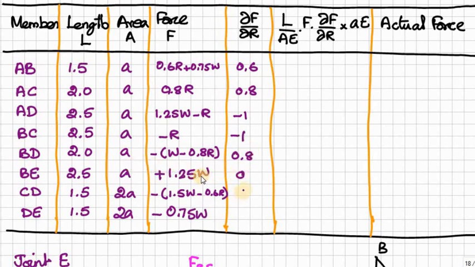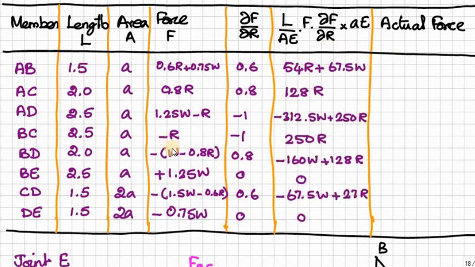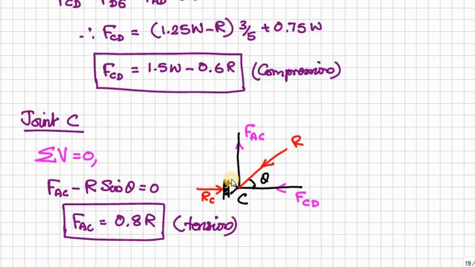Then here 0 because there is no R term, here plus 0.6, here there is no term, therefore 0. So now we can multiply all the parameters for this expression. So be careful, this is 2a, okay, 2a.